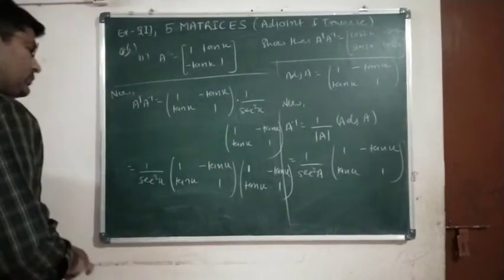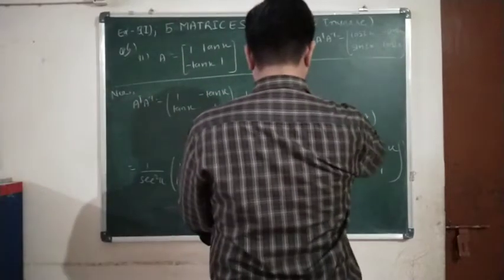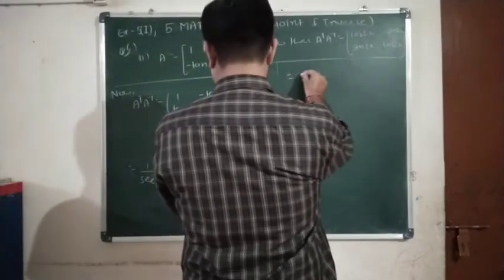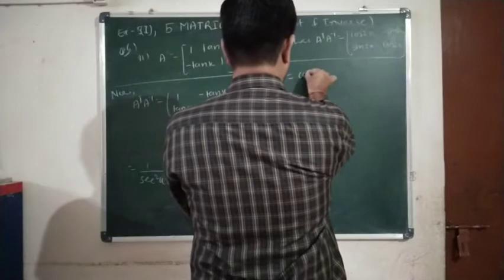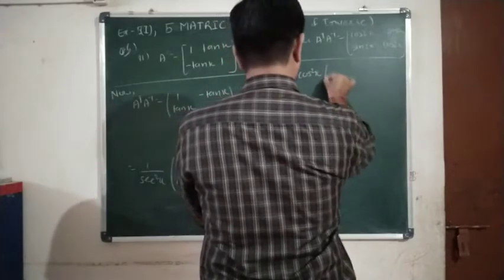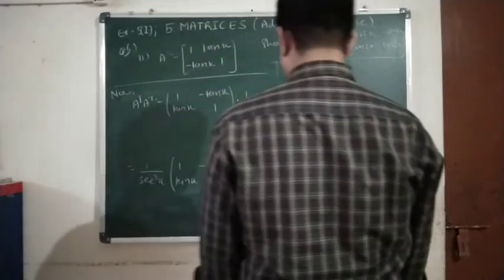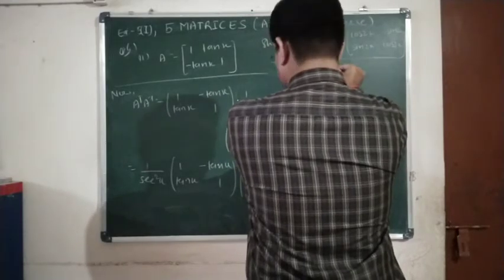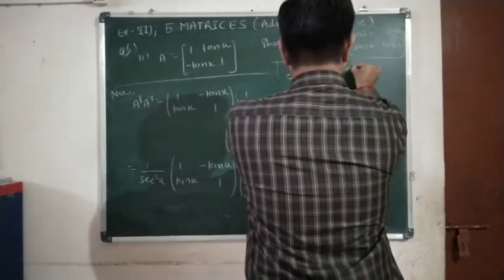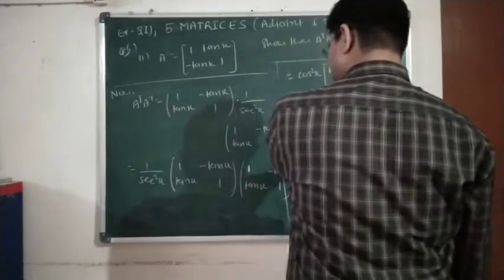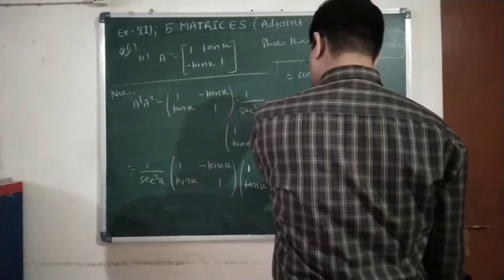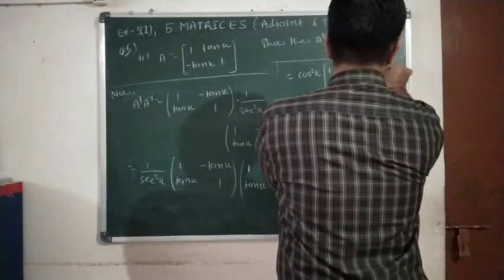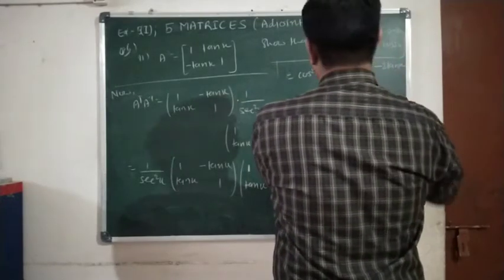Okay, now let us multiply this 2 by 2 matrix. It is equal to 1 upon sec square x, now I am writing it as cos square x. Okay, over here we will multiply: 1 into 1, minus tan square x, so 1 minus tan square x. Again minus tan x, so minus 2 tan x, yes or no?